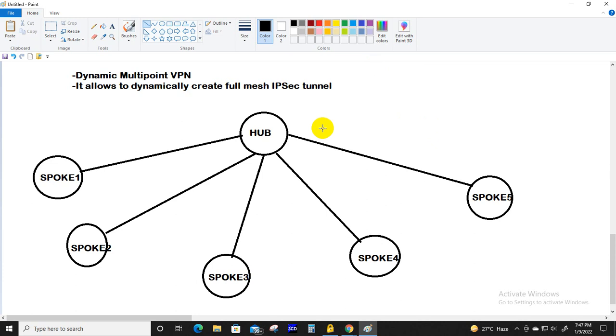We have to configure IPsec tunnel to hub site. Now, hub router gives each router information about how to form an IPsec tunnel with the other router. In spoke router, we need one tunnel configuration with hub router only.